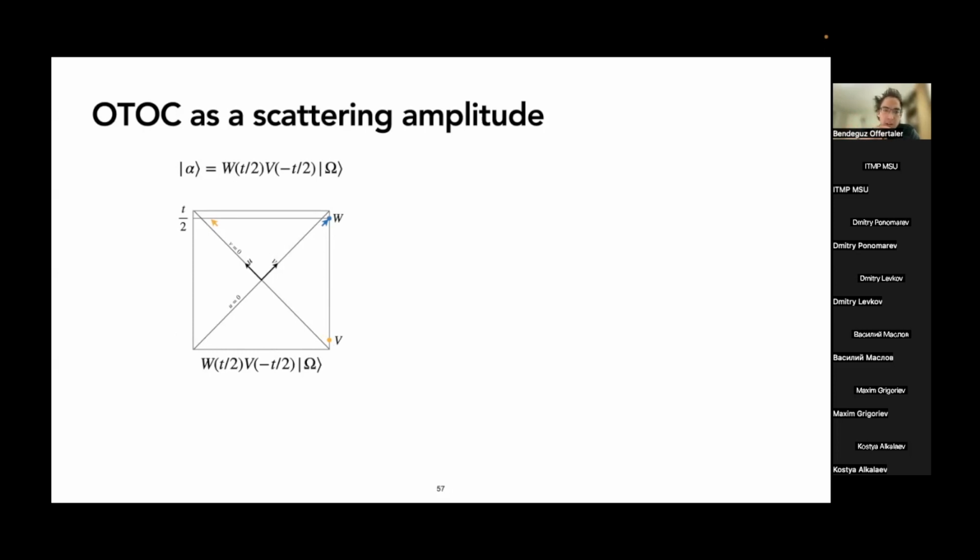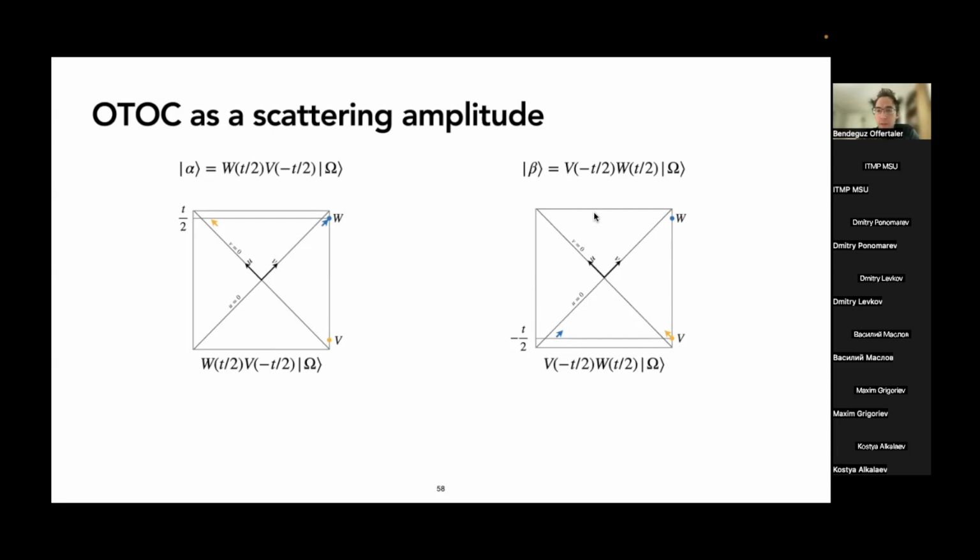We then evolve forward in time to t over 2 and act with the operator W, which produces a second particle near the boundary. During this evolution from minus t over 2 to t over 2, the particle that was created by V propagates into the bulk of the string from the lower right corner to the top left corner in the Penrose diagram. And since we end up with two particles that are far separated, moving in opposite directions, this is naturally interpreted as an out state. And we can repeat the same step-by-step construction of the beta state and see that it is naturally interpreted as an in state.